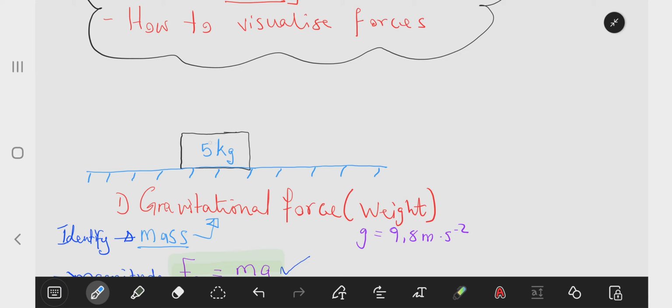So this object is resting on a surface, but the object is not going through the surface, right? So the object is actually on the surface.